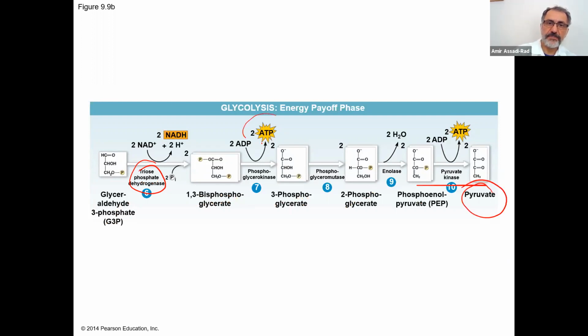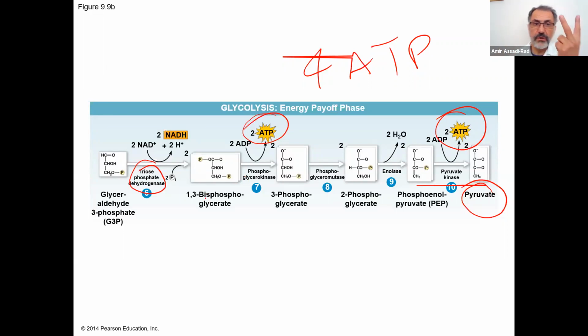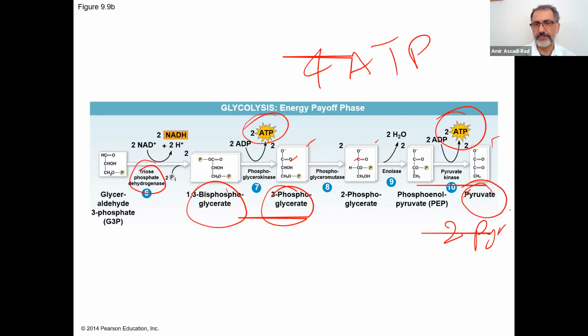You get 2 ATP here and 2 ATP here, so you got 4 ATP. You can see in the background they draw 2 molecules of this for you. One glucose molecule eventually becomes 2 of this molecule, 2 of that molecule, and eventually at the end you have 2 pyruvates.